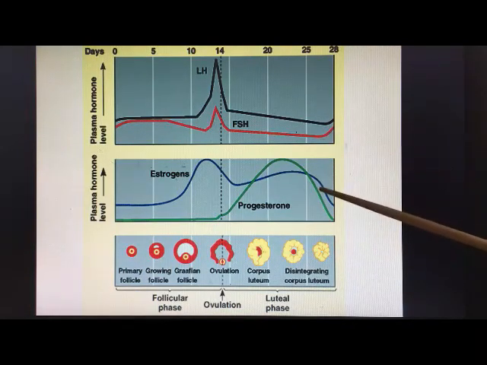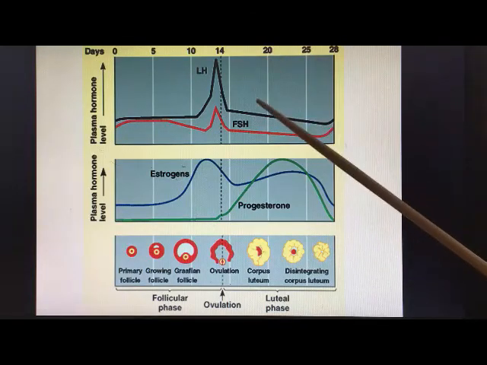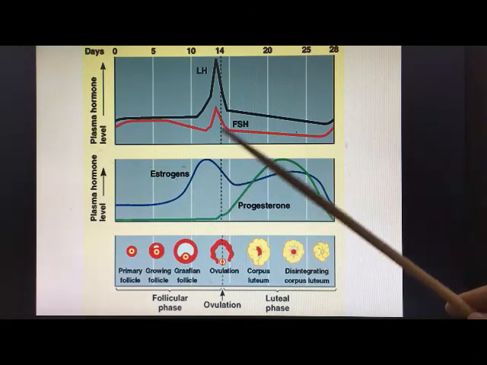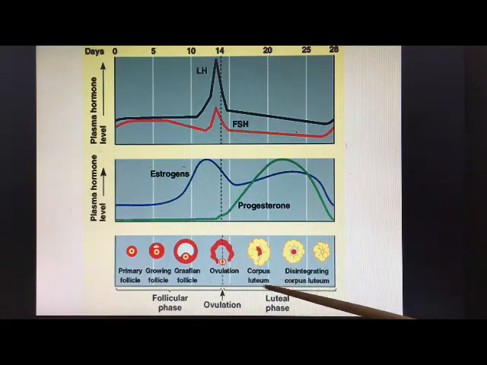So this is by negative feedback. When the FSH level rises, it causes other primary follicles to start developing. So you can see the relation of the 4 relative hormones during the regulation of the ovarian cycle.